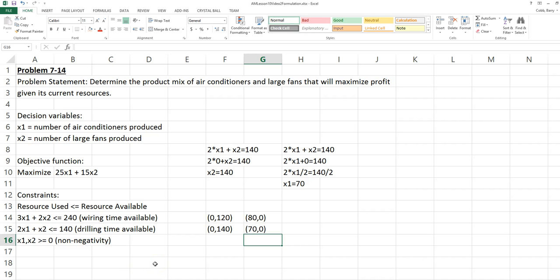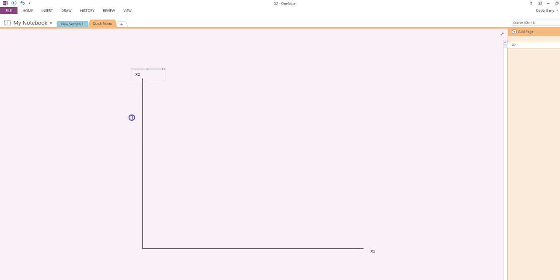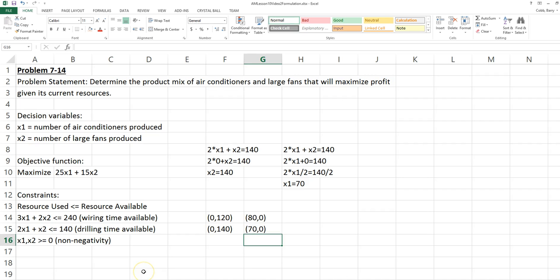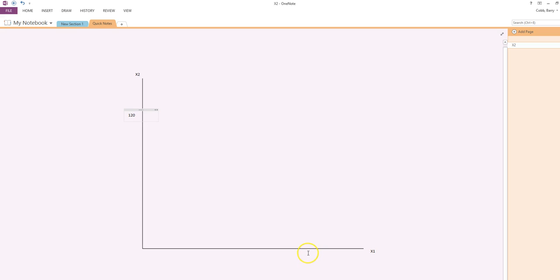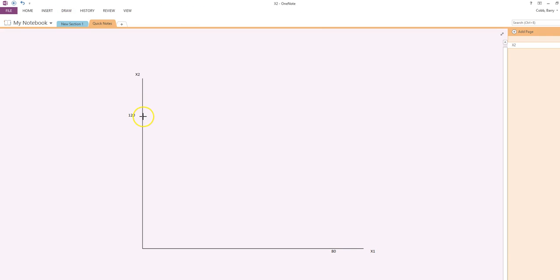For the wiring time line, the first point is x1 equals 0 and x2 equals 120. We draw a point representing this constraint. This is the wiring constraint.